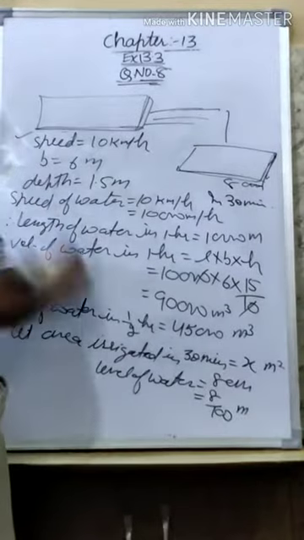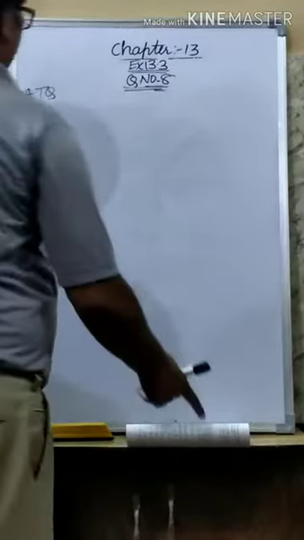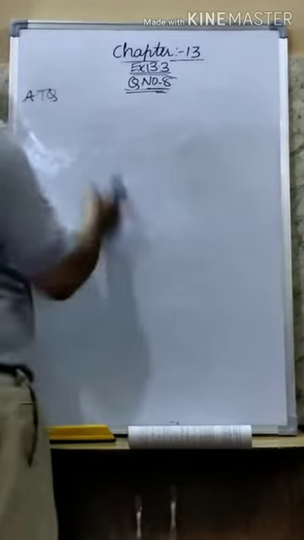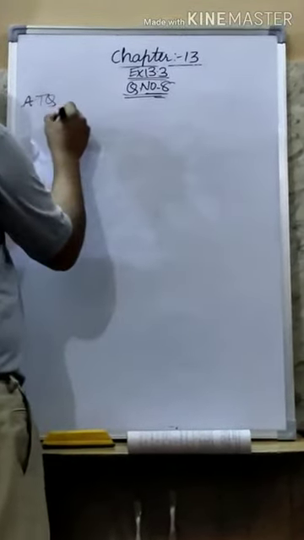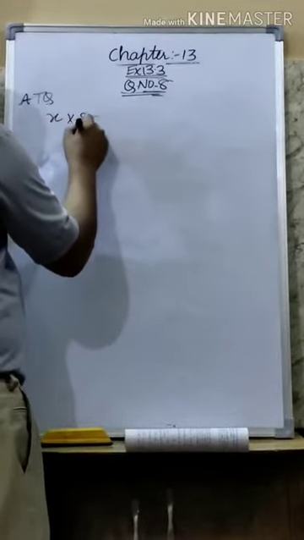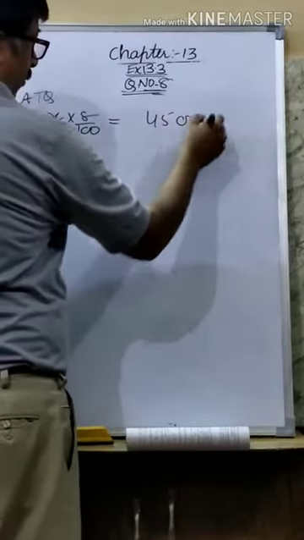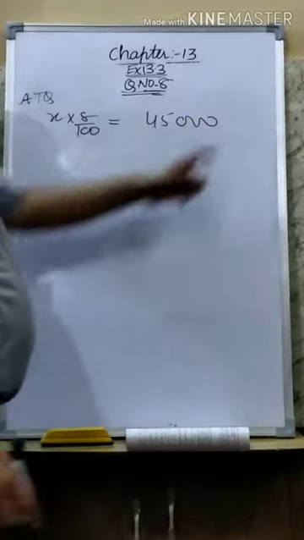So my dear students, the volume of the required area is x meter square into 8 by 100, that is 45,000 meter cube.